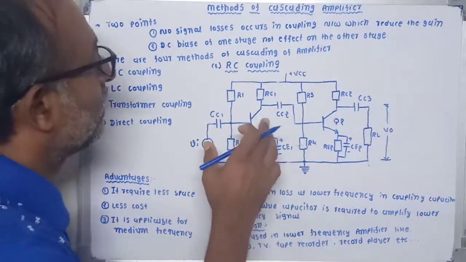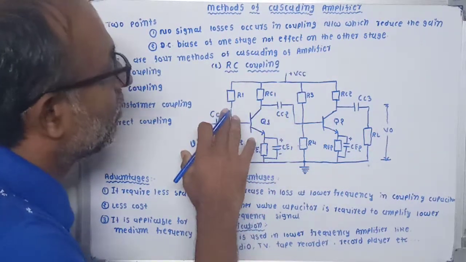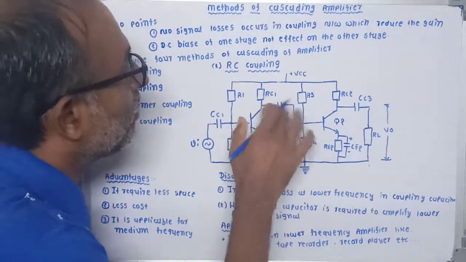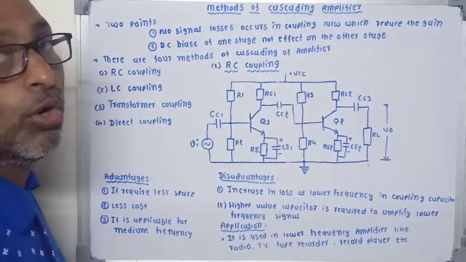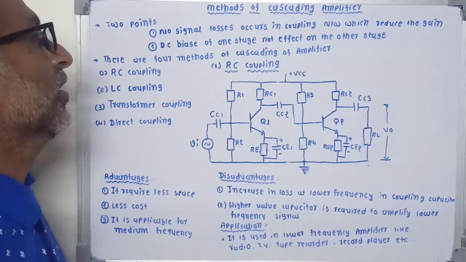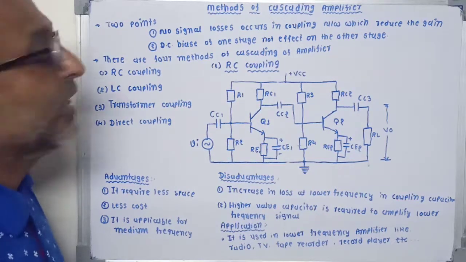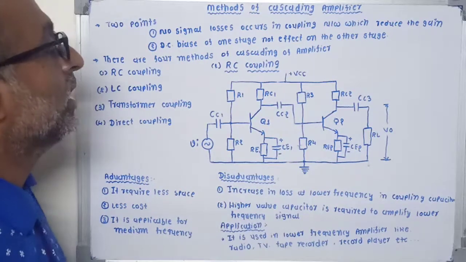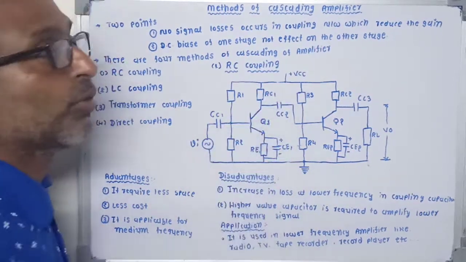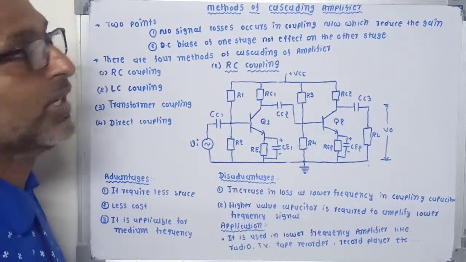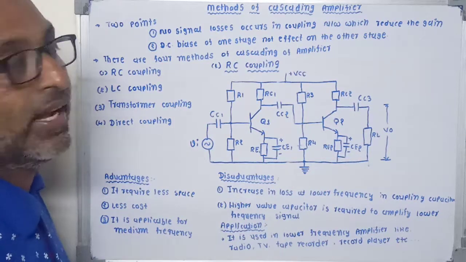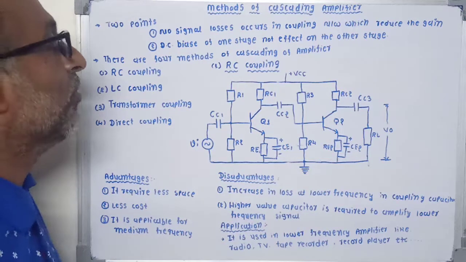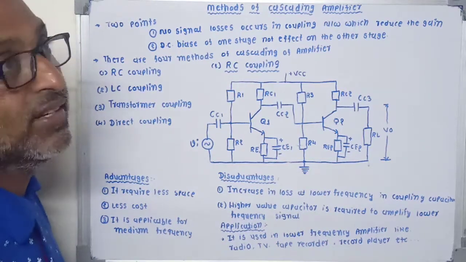So here this capacitor CC2 is coupled between amplifier 1 and amplifier 2. This coupling capacitor CC2 blocks the DC signal and allows only the AC signal to pass through it, because this capacitor provides very high impedance to the DC signal and offers very low impedance to the AC signal.